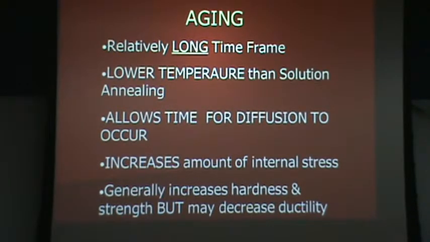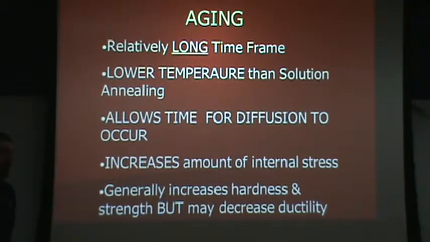With these materials, the lowest aging temperature typically gives you the highest properties, and as you increase the aging temperature, the tensile and yield strength and hardness go down. The reason for that is because the size and distribution of the copper precipitates changes.